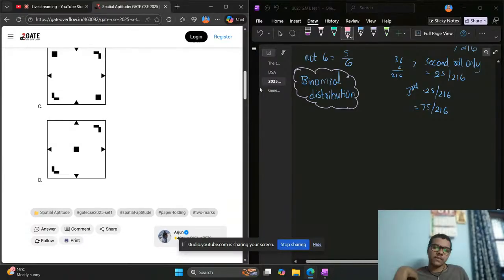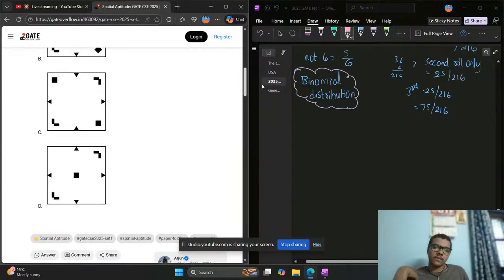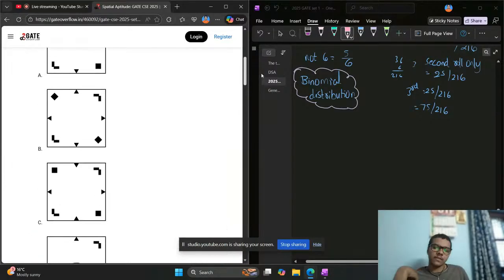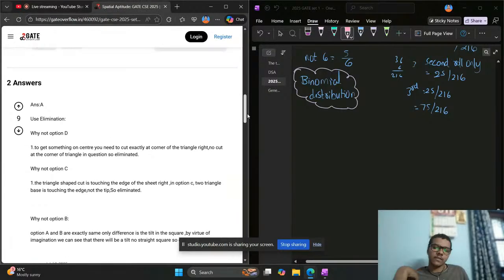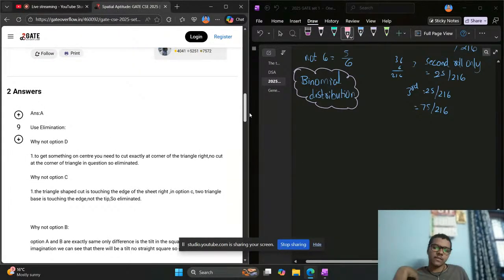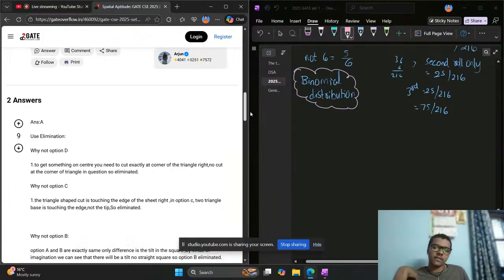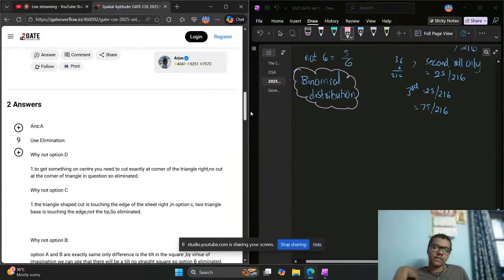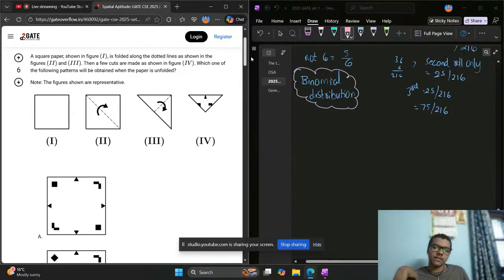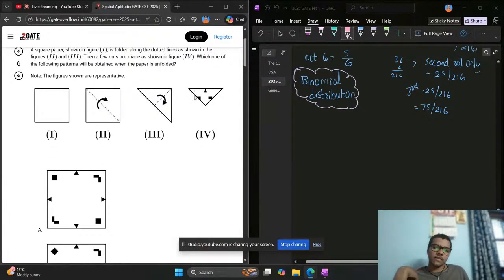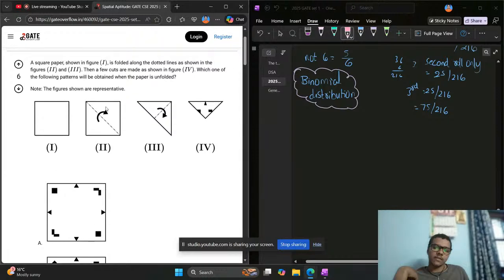I understood the D option though. Yeah, I understood that one. And what else was written? A triangle shape requires stretching the edge as a shade on the tip. How will you understand that? Okay, I will track this. I will track this.